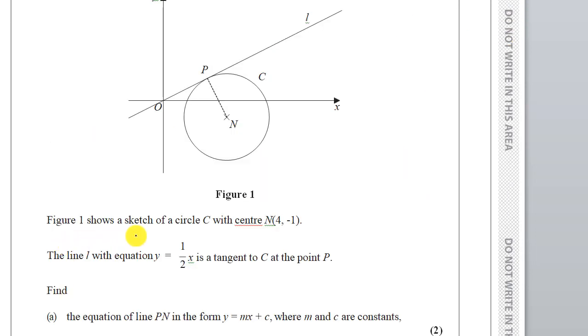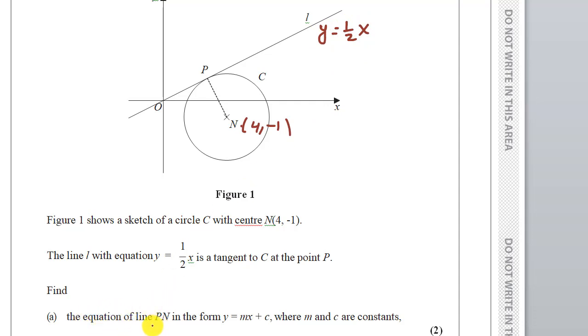Now figure 1 shows a sketch of a circle C with a center 4 and minus 1. So here I have 4 and minus 1. The line with equation y equal to half x is tangent to C at B. So this line, equation y equal to half x.